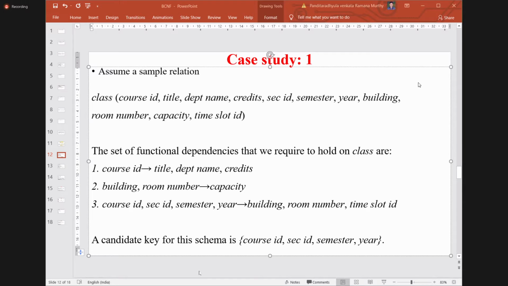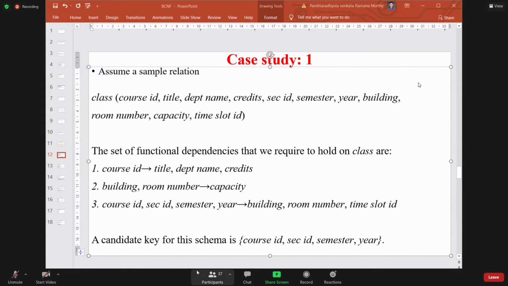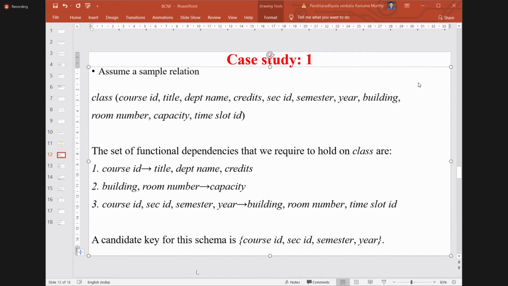Similarly, the course can be run in any building. We can't restrict it to a single building, single room number, single capacity or time slots. So all others are not related to the course ID, but title, department name, and credits are related to course ID.